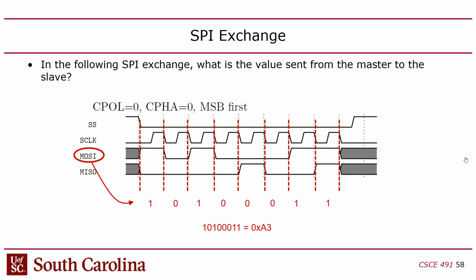Usually, if you look at MISO and MOSI, one of them is dead. Usually one of them is not being used. Usually you only use one at a time. Application-wise, you generally only need to send data in one direction at a time, not in both directions.